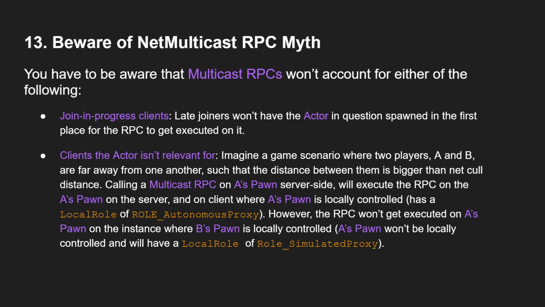Another scenario we've already also come to mention is that clients the actor is not relevant for wouldn't have this multicast RPC executing on them. So say you have two players having two pawns, and for the first player, you have this pawn executing a multicast RPC on the server, and the other player is really far away from the first player, such that the distance is higher than the net cull distance, which is a setting in the replication settings for every actor.